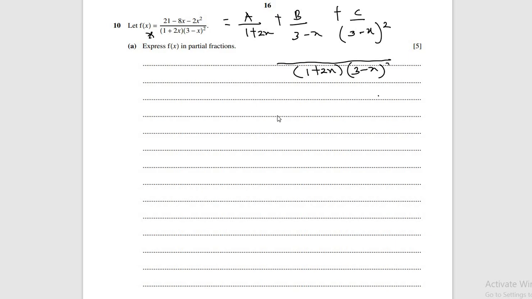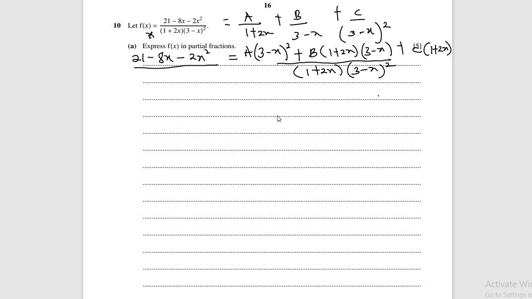So let's do the normal thing. The LCM in 1 plus 2x will give us 3 minus x squared multiplied by A. You have A times 3 minus x all squared. The LCM in this, we have B times 1 plus 2x times 3 minus x. The LCM in the part of C is going to give us only C times bracket 1 plus 2x, equal to this, which is what we've broken down: 21 minus 8x minus 2x squared over 1 plus 2x times 3 minus x squared.